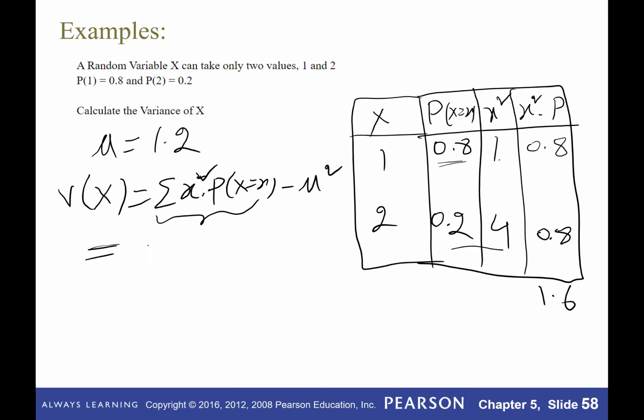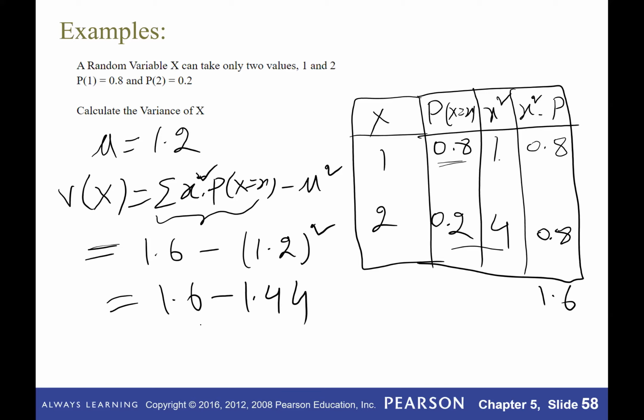So this is 1.6 minus 1.2 squared. 1.2 squared is 1.44. So 1.6 minus 1.44 will be 0.16. So the variance is 0.16. Now what is the standard deviation?